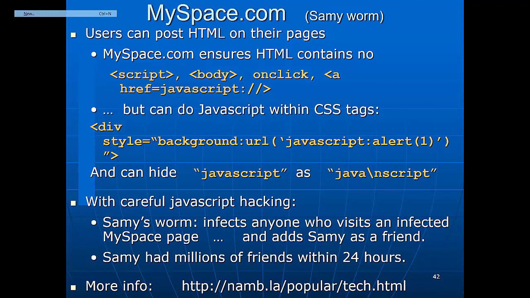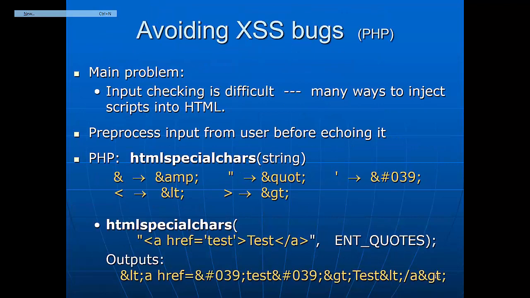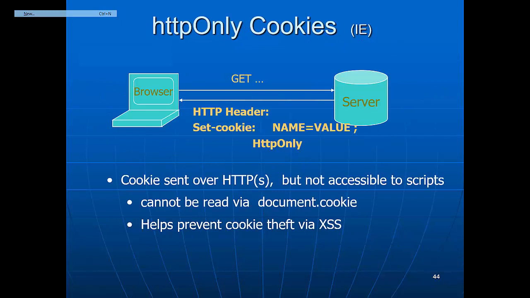And basically what happened is the Samy worm created a JavaScript hack using this. And basically anyone who adds Sammy as a friend, it just keeps going and going and going. You can take a look at them. All right, I'm going to skip over XSS bugs.